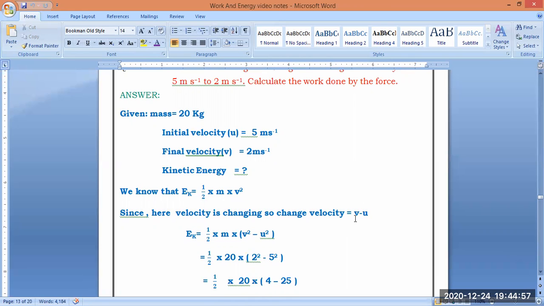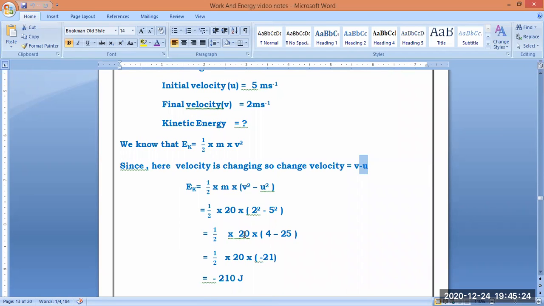That is, instead of writing v square, we have to write it as v square minus u square. So let us substitute the values. Mass is 20, v square is 2 square, that is the final velocity, u square is 5 square, that is the initial velocity. Let us go for the further calculation here.